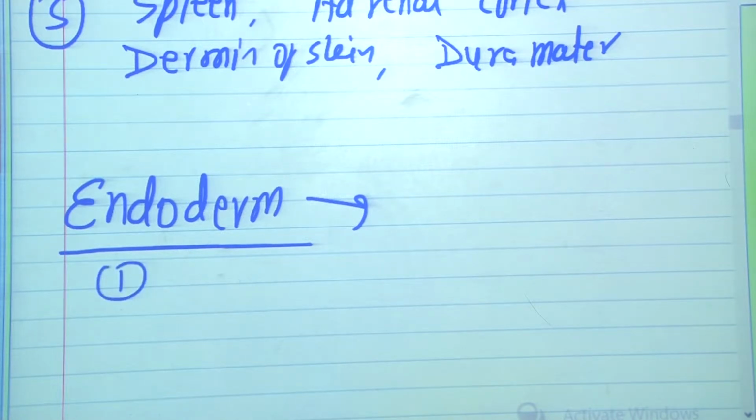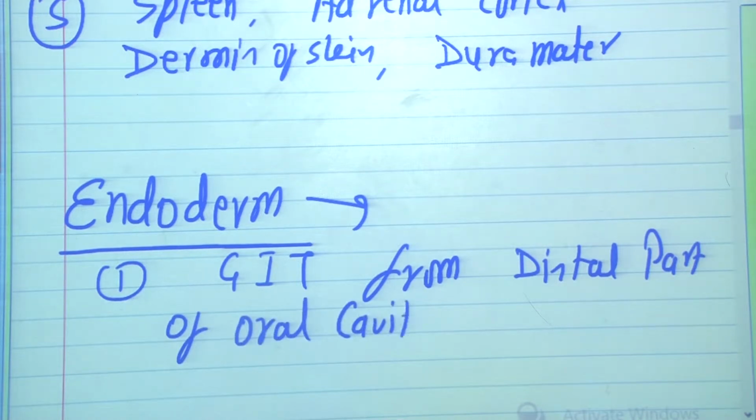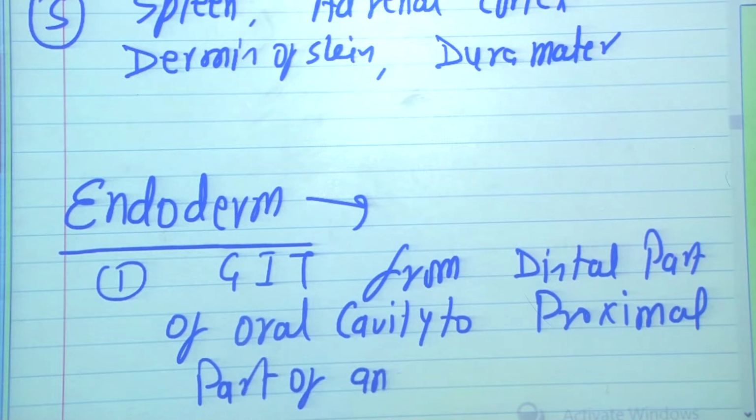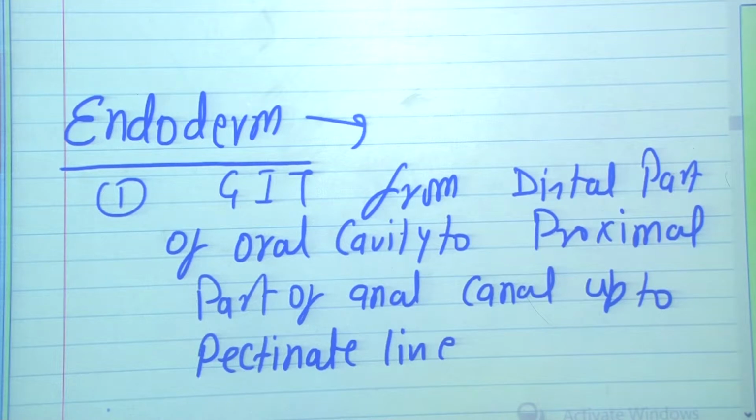Number 1, GIT, from the distal part of oral cavity to the proximal part of anal canal up to the pectinate line. So, this is the derivative of the endoderm.